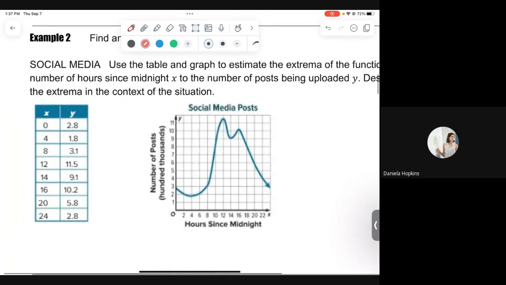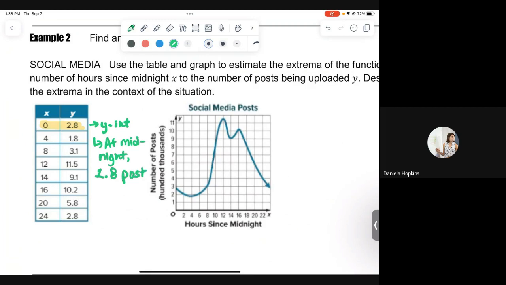Just as a reminder, yesterday we talked about x and y intercepts. Notice here we do have a y-intercept. If we thought about what it represents, that's our starting point, right at midnight. So we can say at midnight, because that's what our 0 is, there were 2.8 posts.